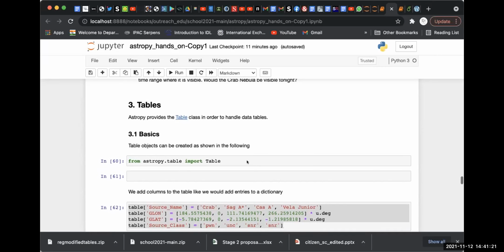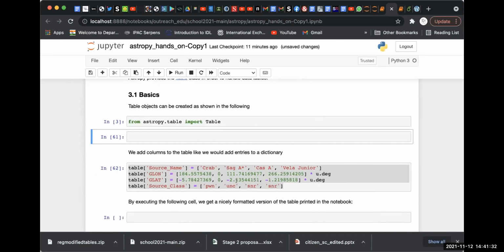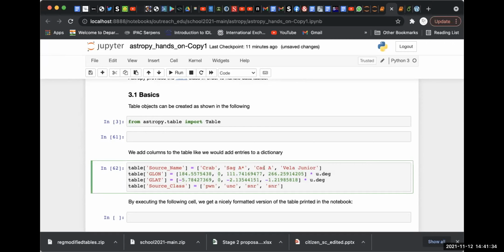The first important thing is obviously to import the package, so you say from astropy.table import Table. Here I've left this on. We are generating our table.